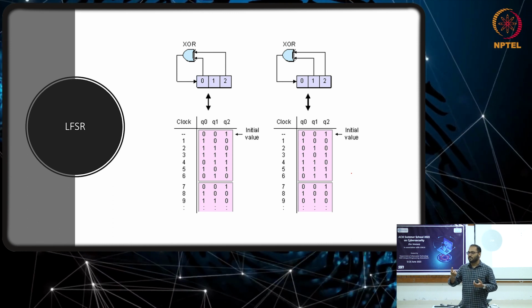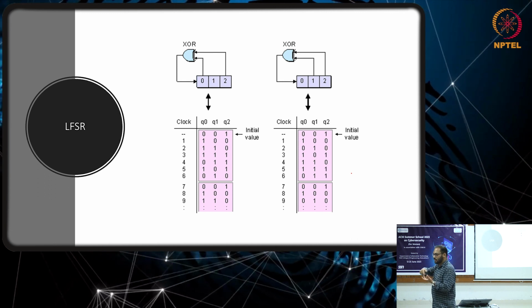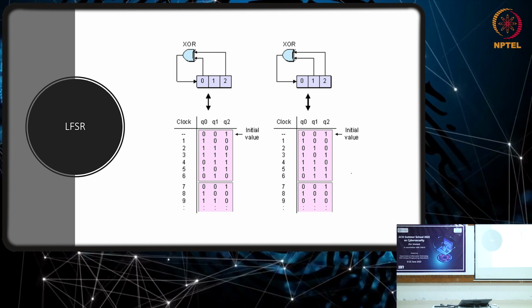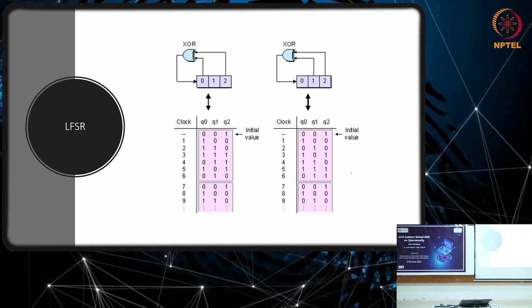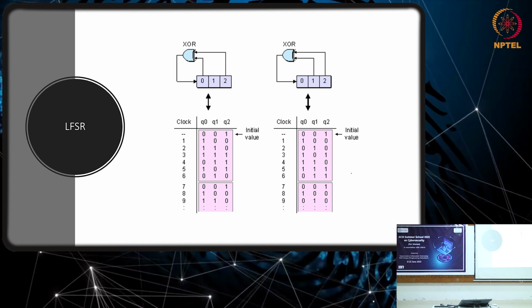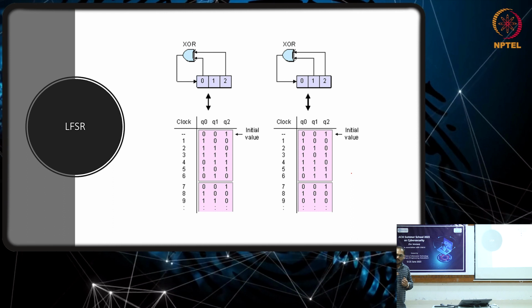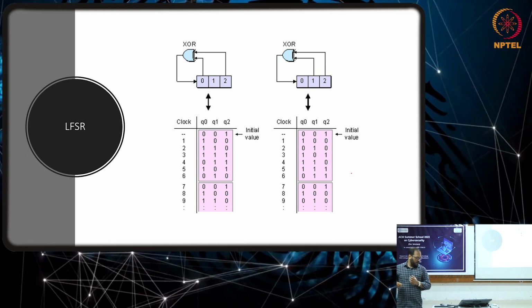We saw rotation. There was 4-bit register. I told that 1 bit will go out and come back in, right? LFSR is based on a similar model, but there will be some operation. It's not like the last bit go and come back in. Some of the bit will go to operation, one operation will happen, and then a bit will be given as output. That bit will come as input to the LFSR.